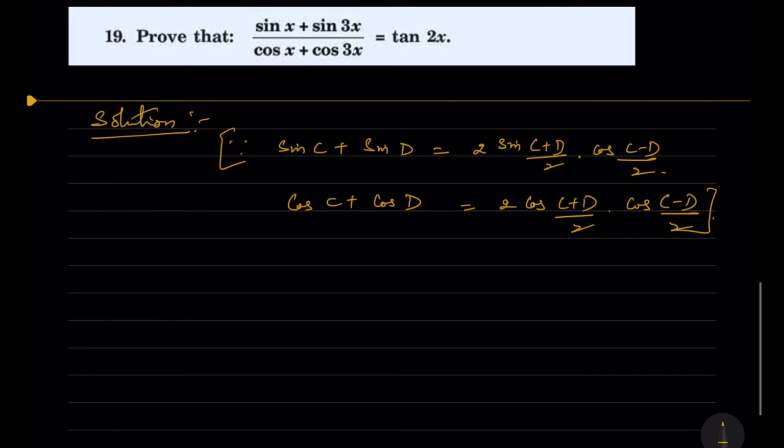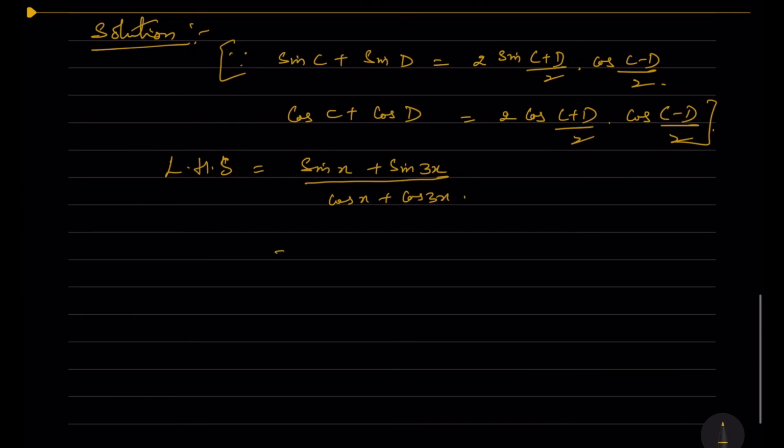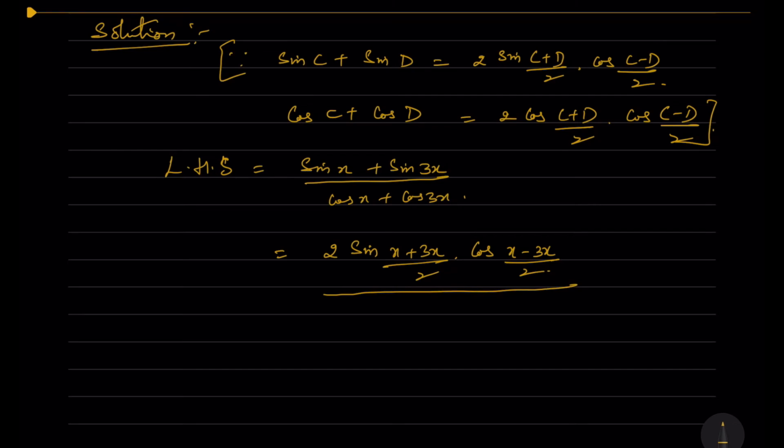So therefore LHS is equal to (sin x + sin 3x) by (cos x + cos 3x). Using the formula we can write this as 2 sin((x + 3x)/2) cos((x - 3x)/2) divided by 2 cos((x + 3x)/2) cos((x - 3x)/2).